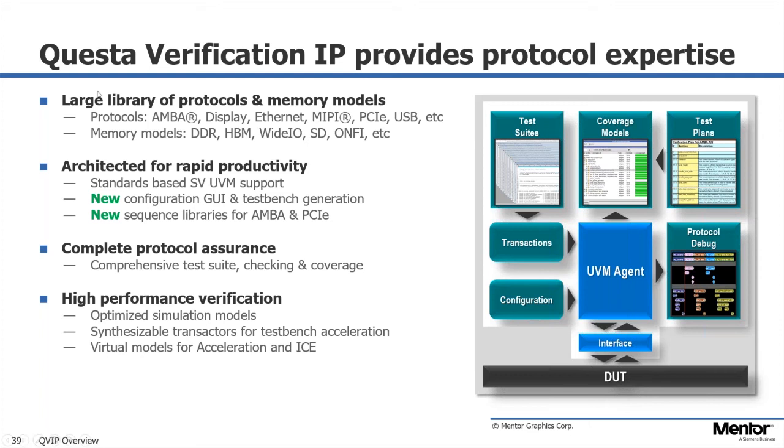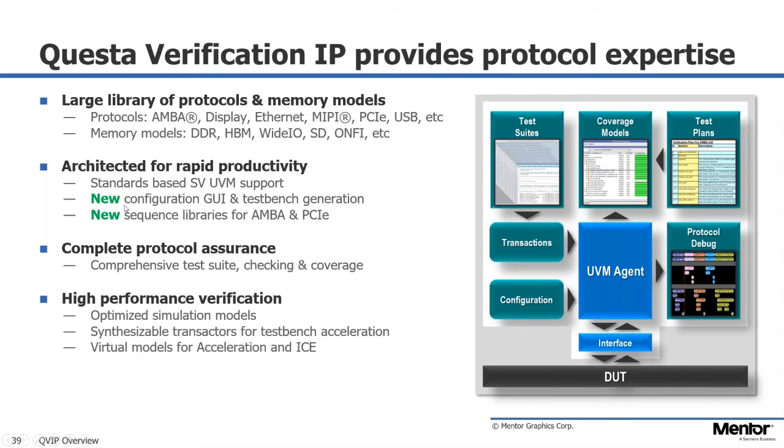So really, we have a large set of protocols, probably the most popular being PCIe, Ethernet, and AMBA probably being the next couple. We have this display family. We can do USB, a bunch of different protocols. It's all based on these UVM agents.